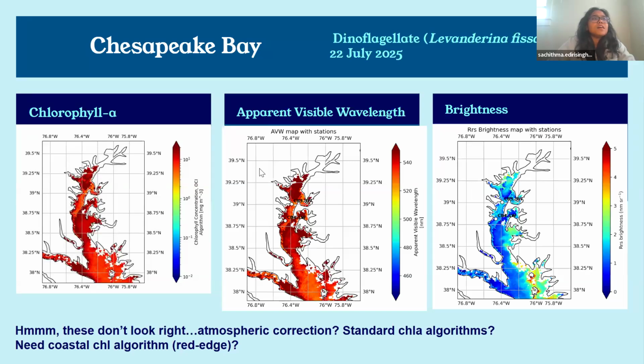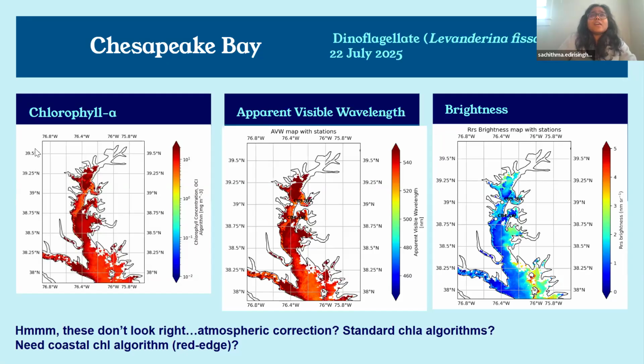And here we have the standard chlorophyll product for Levanderina, and we're not quite sure whether these pixels look right. We're debating whether it's an atmospheric correction issue or the fact that we are using a standard chlorophyll algorithm for a class 2 water type in the bay.